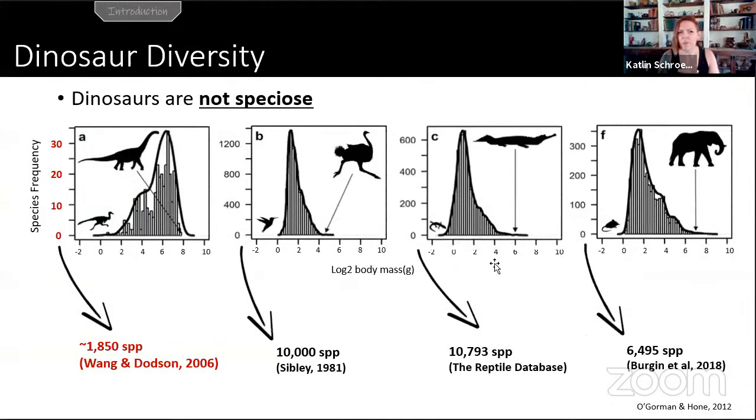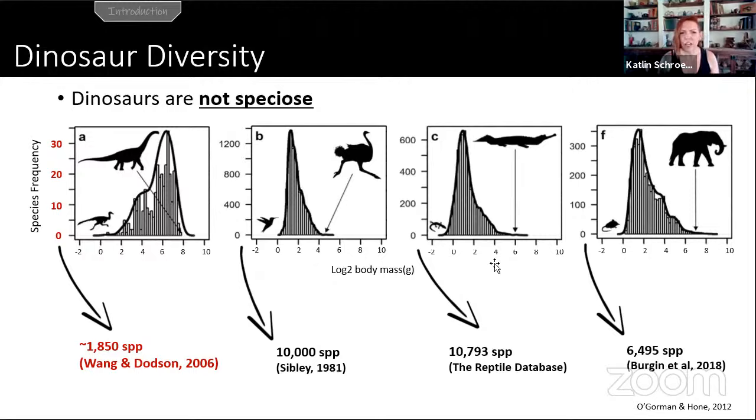So the other thing that we note about global dinosaur diversity is that it's weirdly low. They're very much non-speciose. So when we look at modern vertebrates, we tend to see that they are in the thousands to tens of thousands of species. So there's about 10,000 birds, a little over 10,000 modern reptiles, somewhere between 7,000 and 10,000 modern mammals.